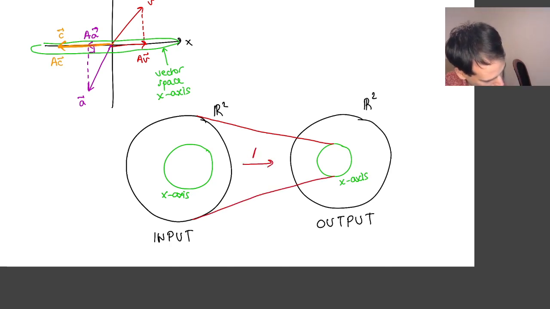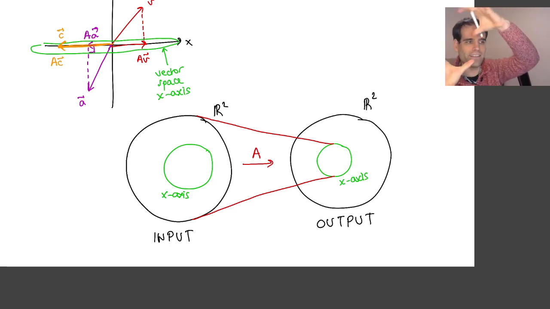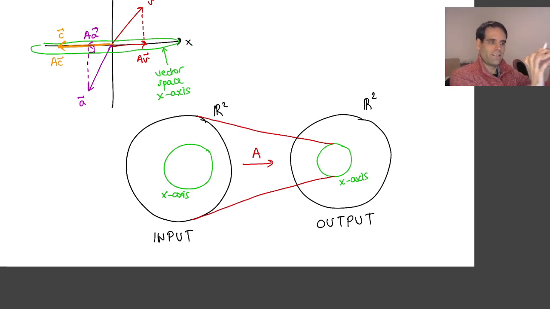So this will be the transformation A. And it makes perfect sense, right? So every single point inside this left circle ends up inside the smaller circle on the right, which is the x-axis. So we will use this very often in order to explain the concepts of the null space and the column space and so on.